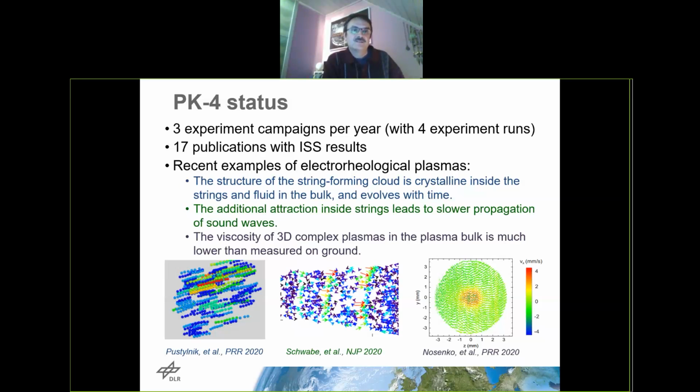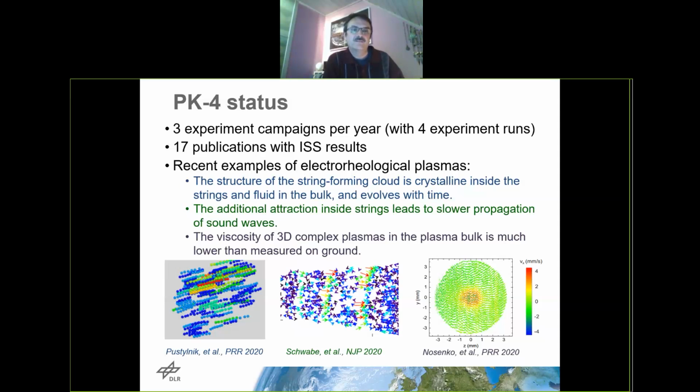PK-4, as mentioned, is on the ISS since 2014. We had some problems in the first couple of years and until the refurbishment in 2018, the full objectives of PK-4 were not obtained. Now we've started really to go into the details.